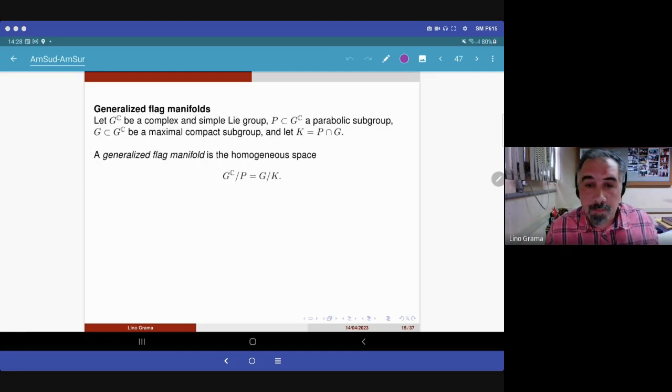Now, just to fix the notation about the generalized flag manifold, we start with a complex simple Lie group G, then take P, a parabolic subgroup, and U, the maximal compact subgroup. I'll give you an example in a second. And denote by K this intersection.